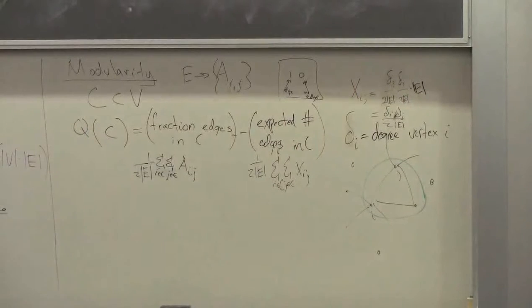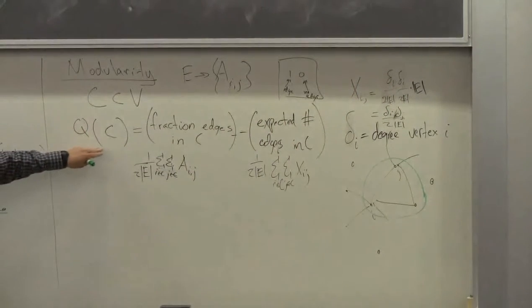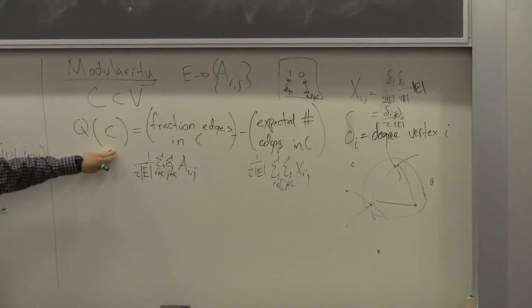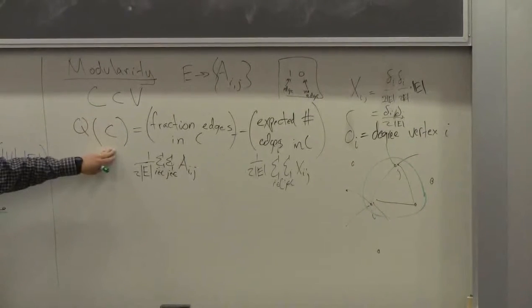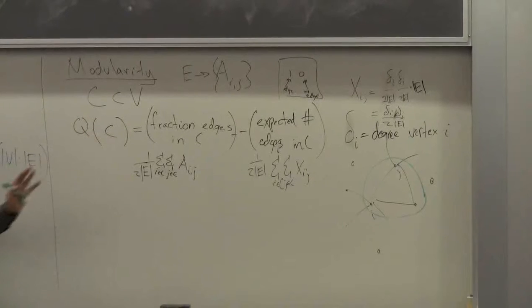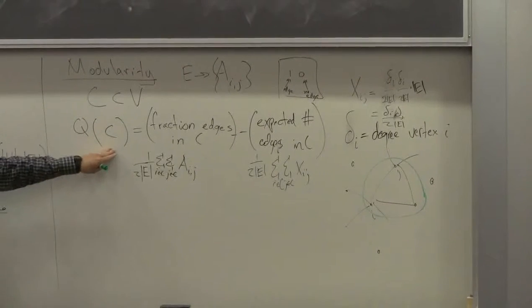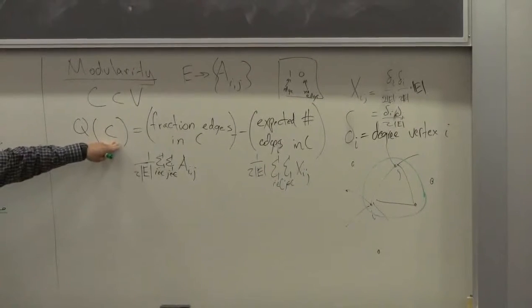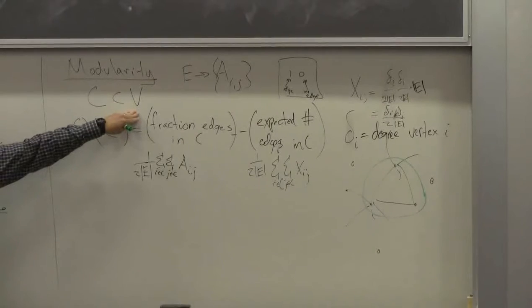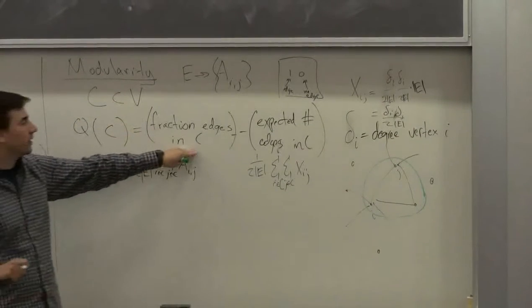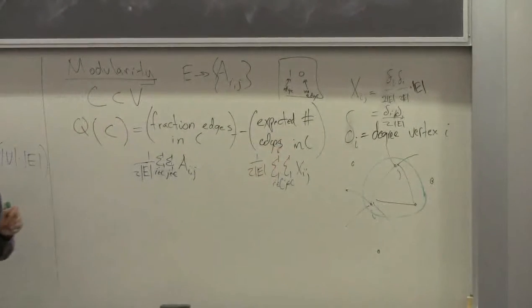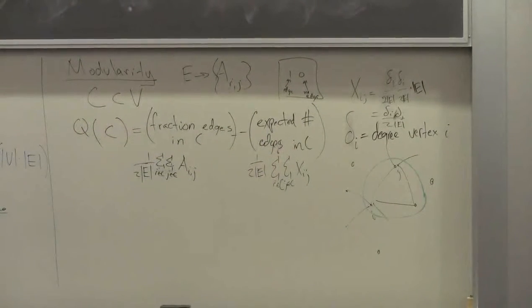Now, this quantity of a community, a subset of the graph, is known as the modularity. And if you work this out, if I've defined this correctly, which I think I have now, if this C is the whole vertex set, then the fraction of edges minus the expected number of edges should be equal to 0.